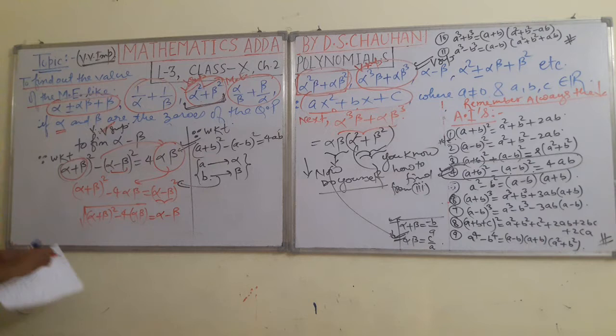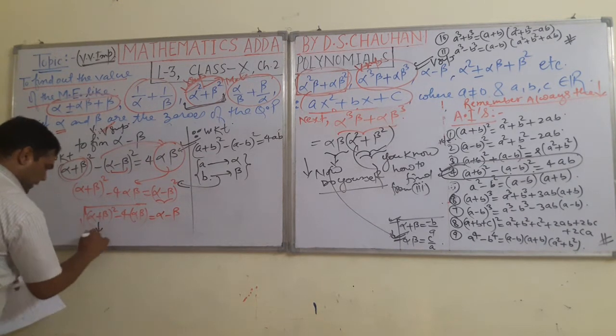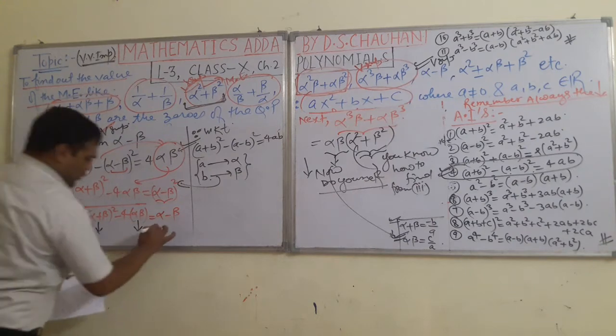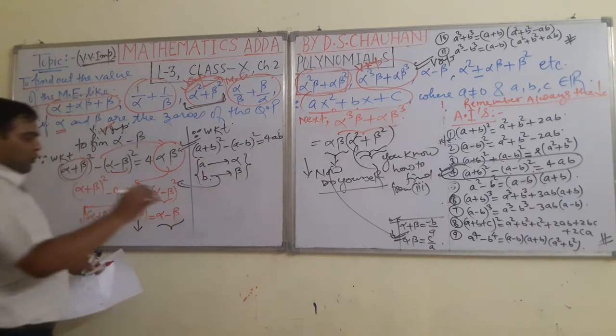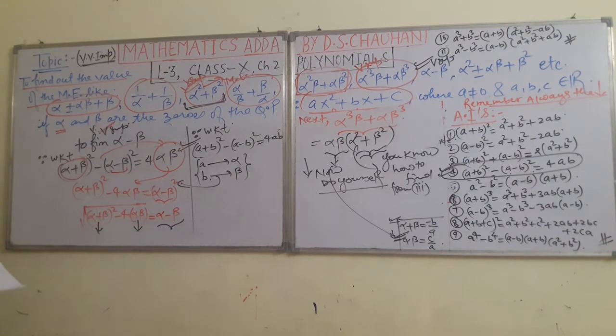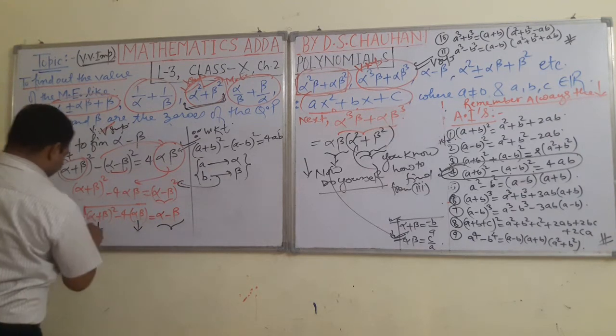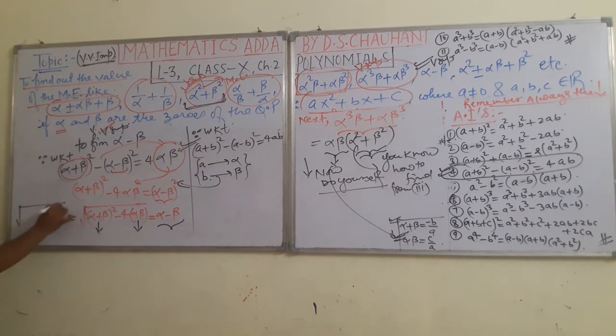And students, in this way, by putting the values of alpha plus beta and alpha beta, you can find the value of alpha minus beta very easily. See how: here alpha plus beta is minus b upon a, to the whole square, minus 4 times c upon a.